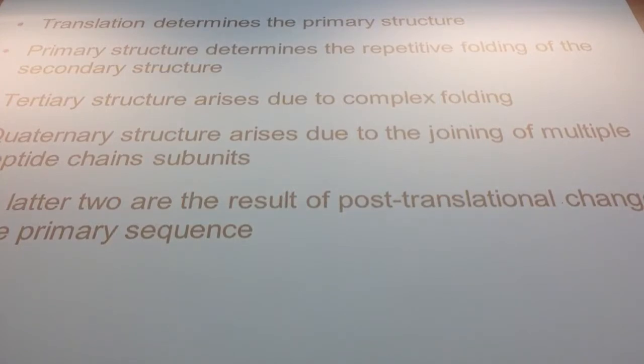So far so good? Which is different from a complex of proteins that must function. For instance, RNA polymerase. RNA polymerase is composed of roughly 12 subunits, but they're not bound by covalent bonds. They're only bound by non-covalent bonds: hydrogen bonding, hydrophobic interaction, van der Waals interaction, and ionic interaction, right? Then RNA polymerase is not a quaternary structure.